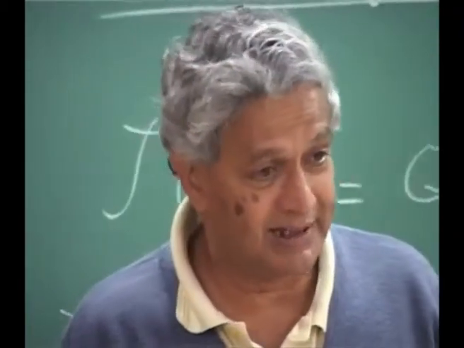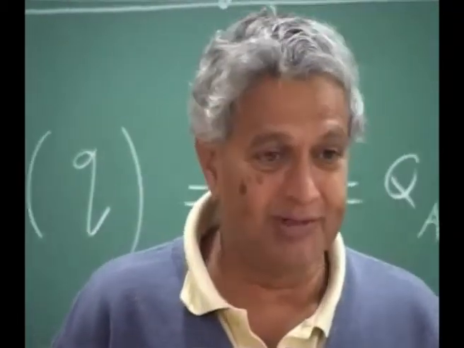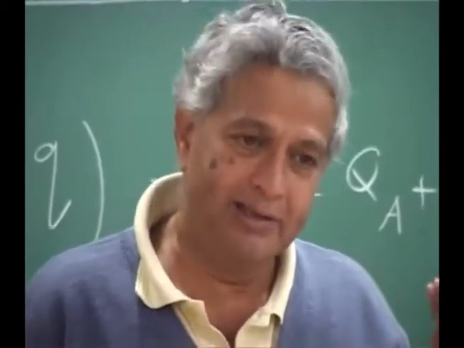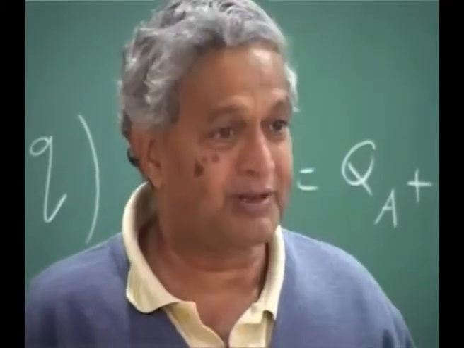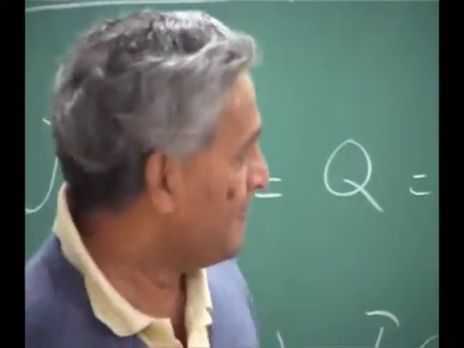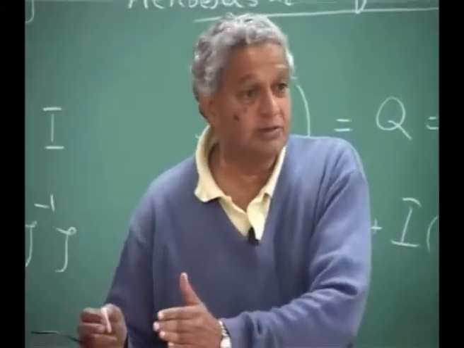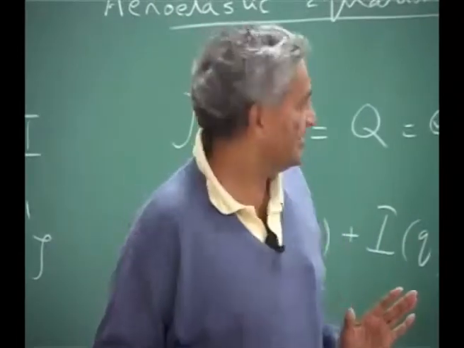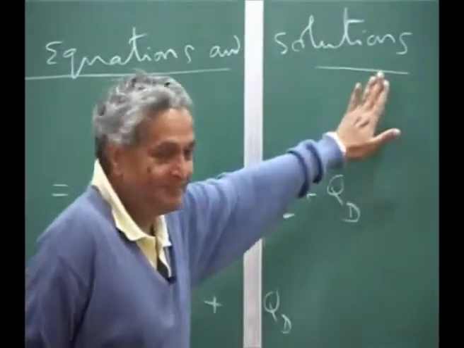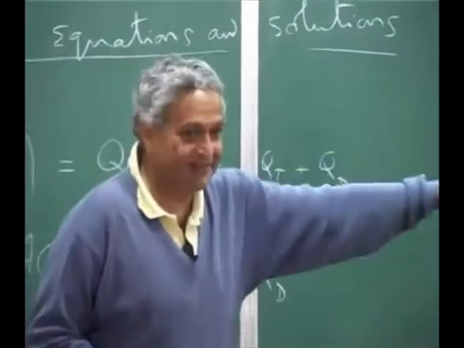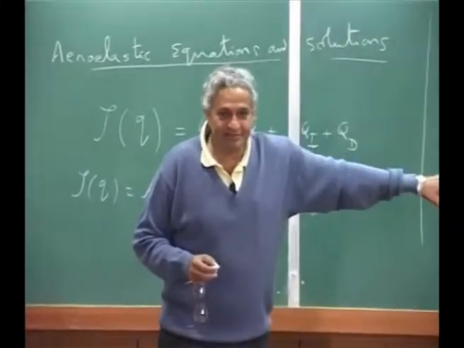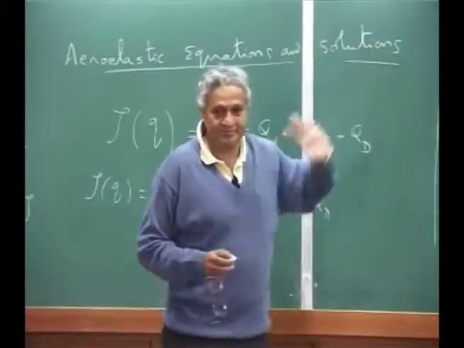We cannot get an exact solution. You have to resort to only numerical or approximate solutions. Now, how do we get these approximate solutions? You have formulated the equation. Now, how do you get the solution?